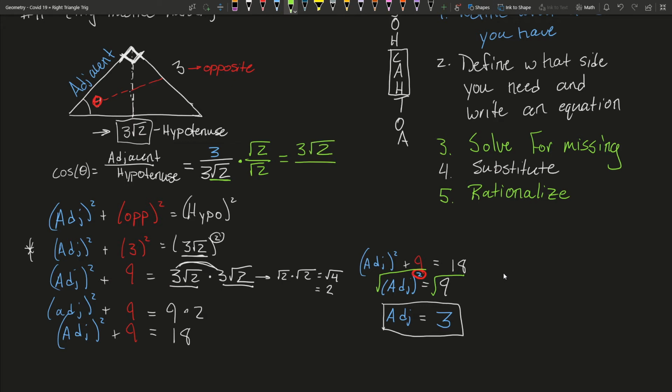And then 3 rad 2 times rad 2 is 3 rad 4. Rad 4 is just 2. So then we have 3 rad 2 over 6.